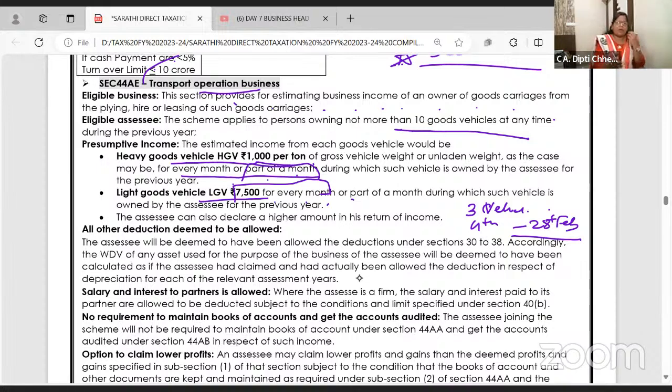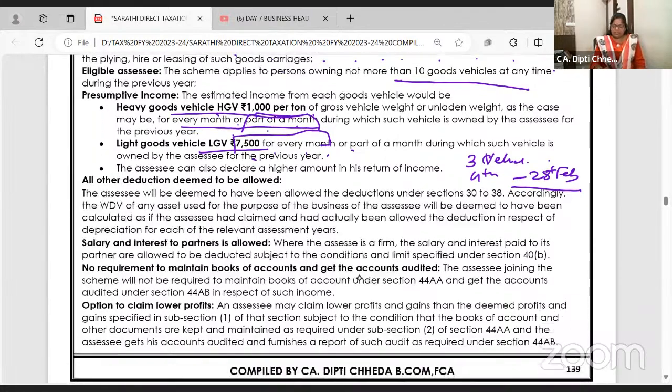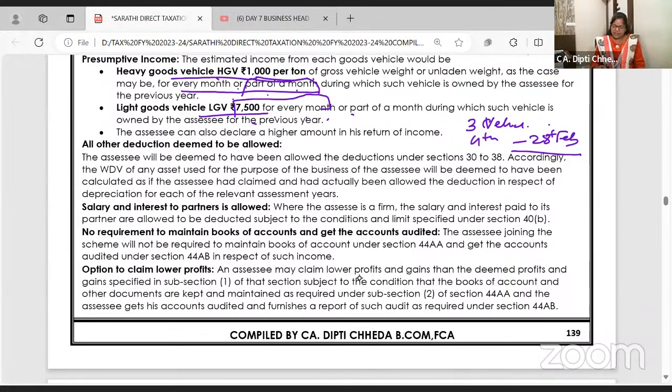Ma'am, but 28th of February, almost last day of the year. For the month or part of the month, light goods vehicle show 7500 income per month per vehicle, and heavy goods vehicle 1000 per ton per vehicle per month. Whatever it may be, jitne ton ka hai us hisab se, right?